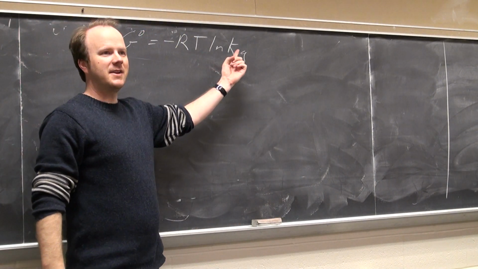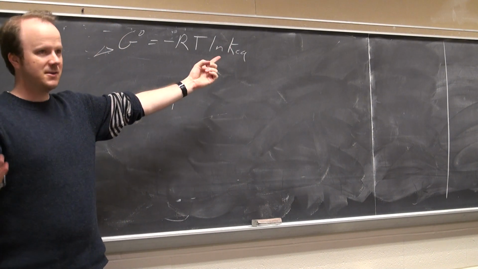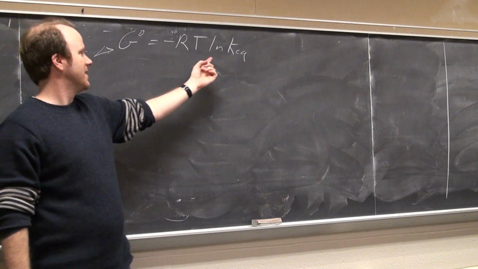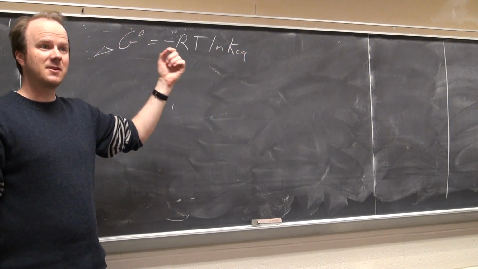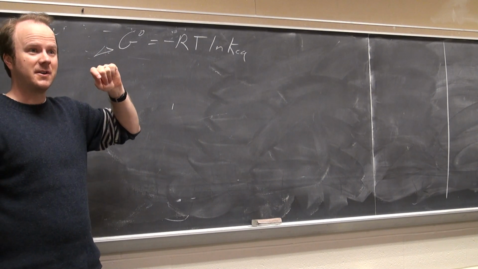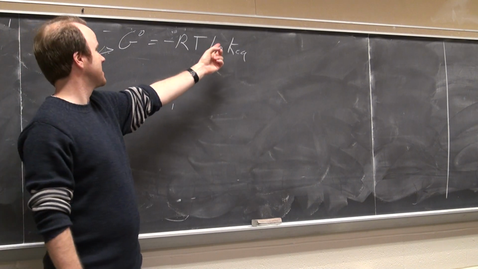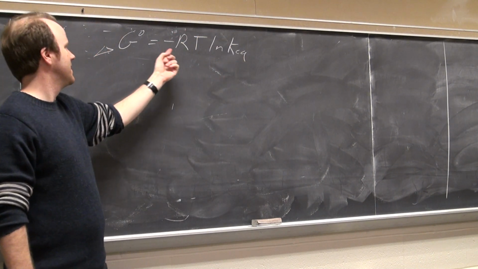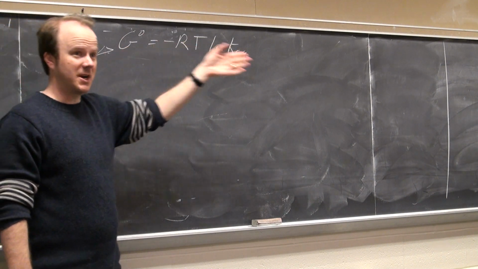If KEQ is 1, ln of 1 is? 0. That defines equilibrium. If KEQ is greater than 1, what's ln of a number greater than 1? A positive number. If this is a positive number, this whole thing is negative, and so if delta G0 is negative, it means the reaction is going to proceed.